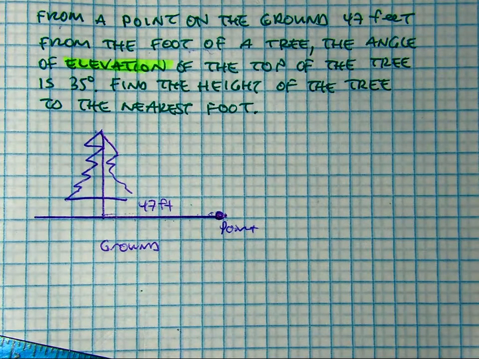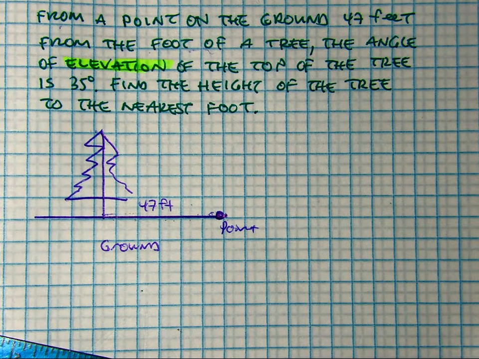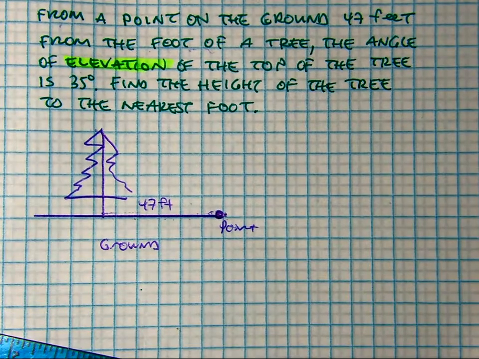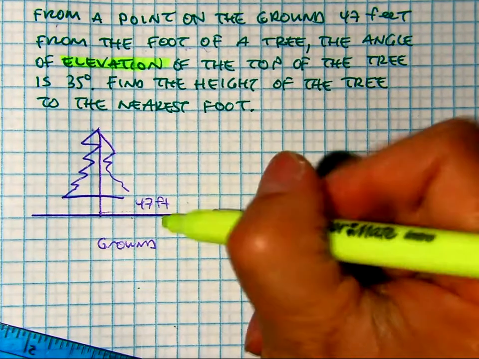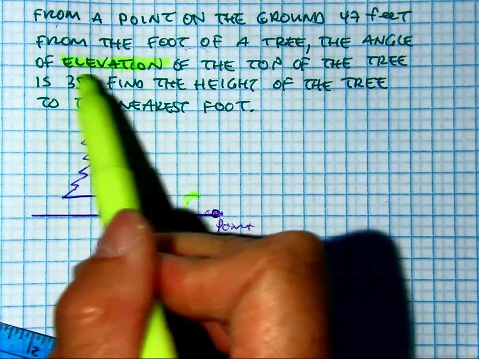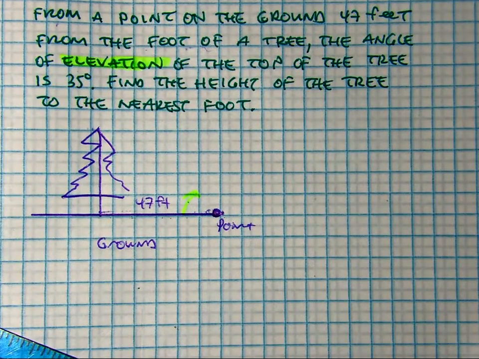Do you need an elevator with a one-story mall? No, you need it with multiple stories. So you're going up. The angle of elevation of the top of the tree is 35 degrees.